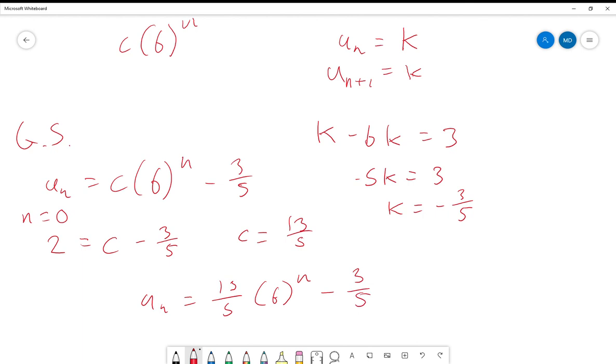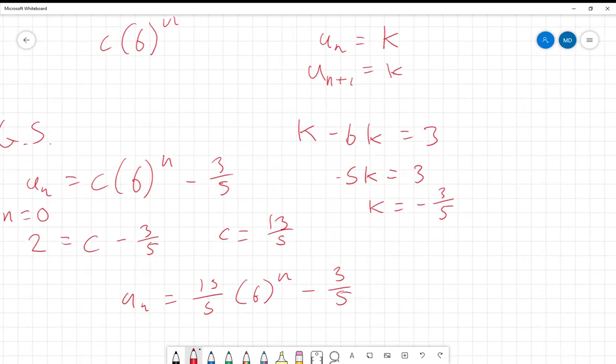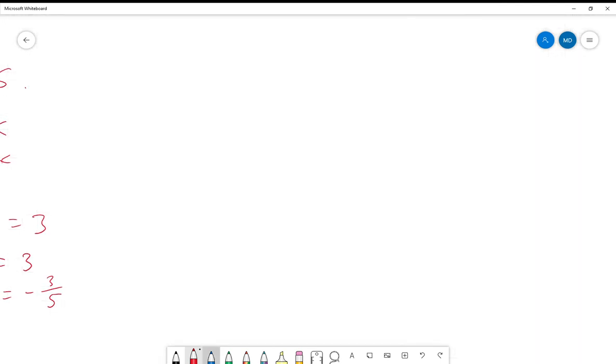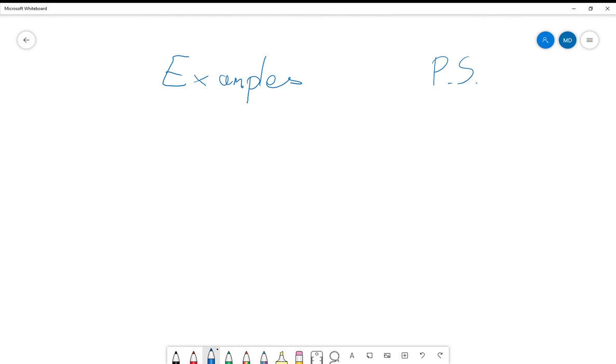Okay, and there you go. There are 3 examples right there of various problems using your non-homogeneous part. And lastly, I just want to give you a little bit of a table of examples and what type of function you would use. So here's your examples, and here's the particular solution you would try.